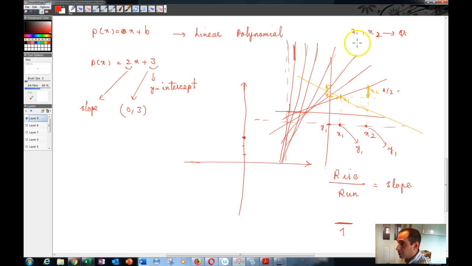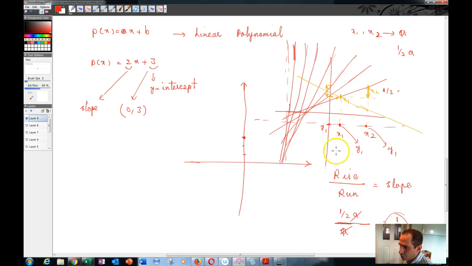Then the rise in my function is half of that distance. So over here the run is a units, because that's the horizontal change, and the rise is 1/2 a units. If you cancel out the a's, you get 1/2. That means that the slope of this line is 1/2.